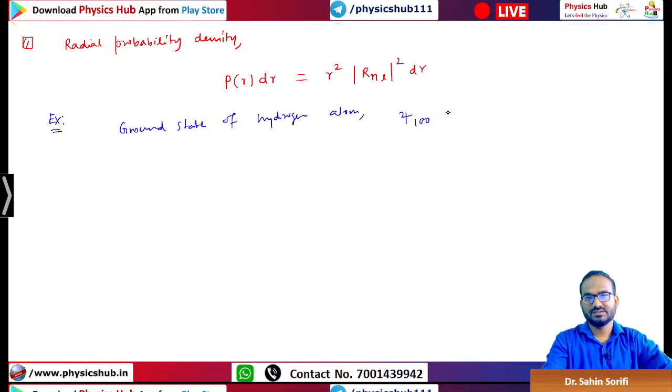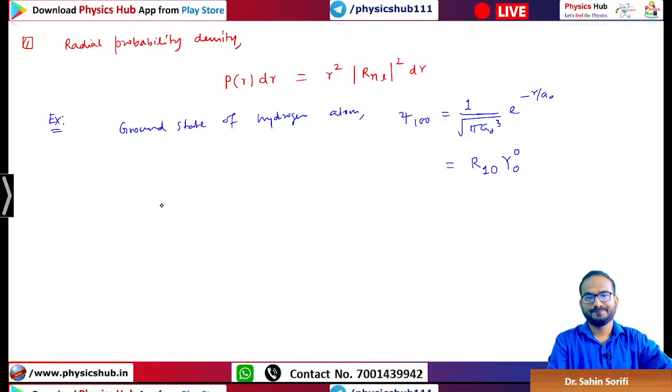The normalized wave function is 1 by square root of pi a naught cubed, e to the power minus r by a naught. This we derived from the product of the radial part of the wave function. Here n is equal to 1, so you write R_nl into Y_lm, with l is 0, m is 0.